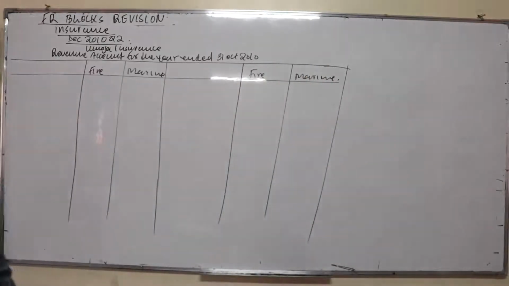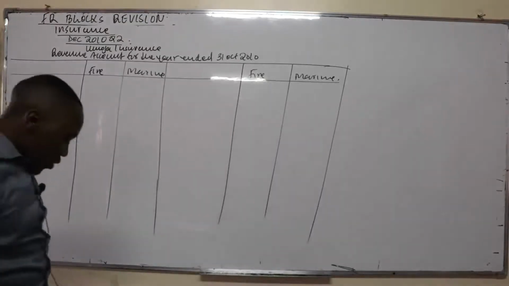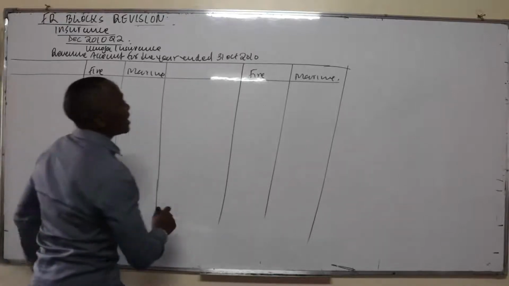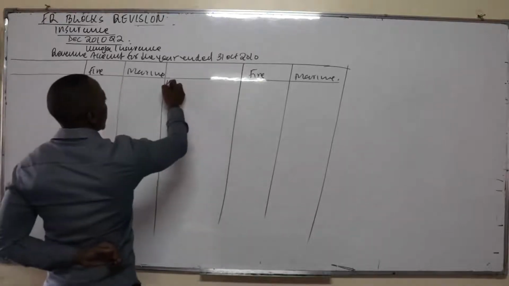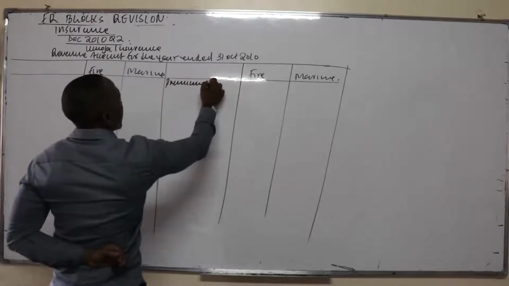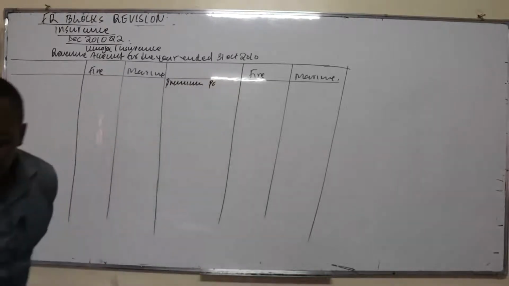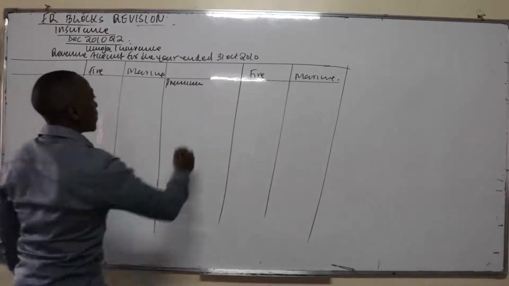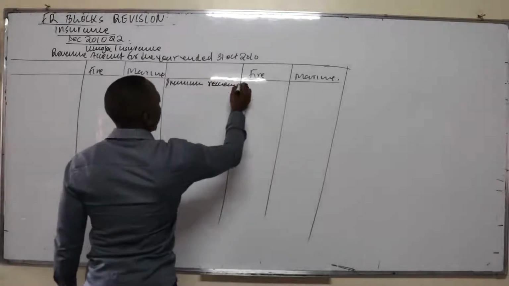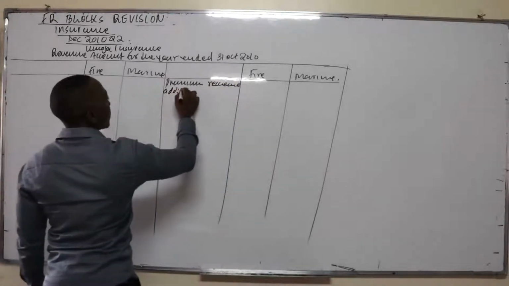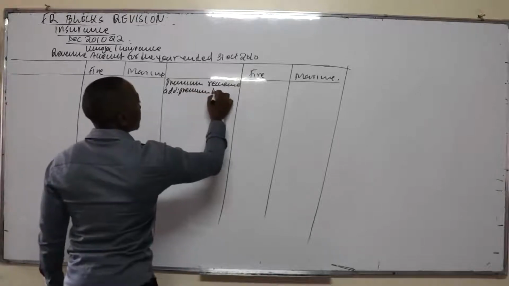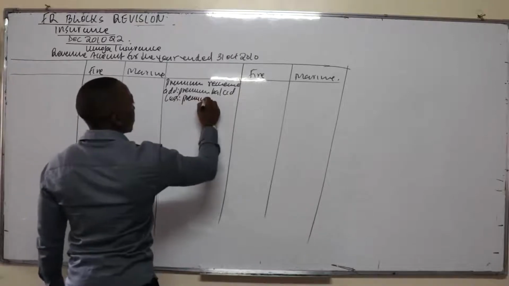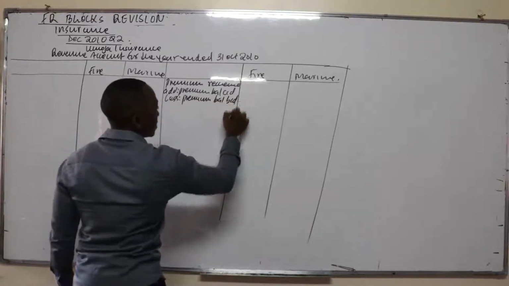So when presenting that statement, even before you read the question, just know the format. What do we take on the debit side? What do we take to the credit side? Let me start with the incomes on the credit side. You take premiums received, then you add premium balance carried down, then you raise premium balance brought down.